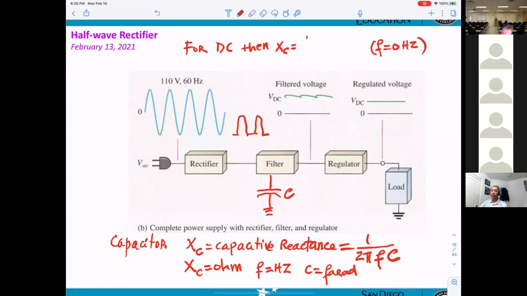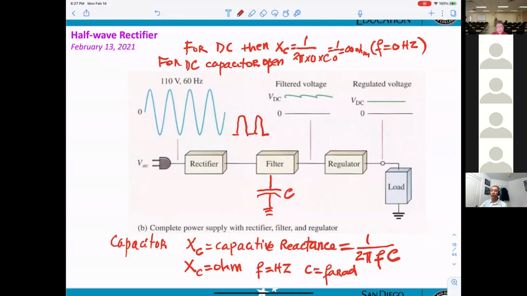So XC equals 1 over 2 pi times 0 times C, and 1 over 0 equals infinity ohms. So that's what we said. For DC, the capacitor is open.